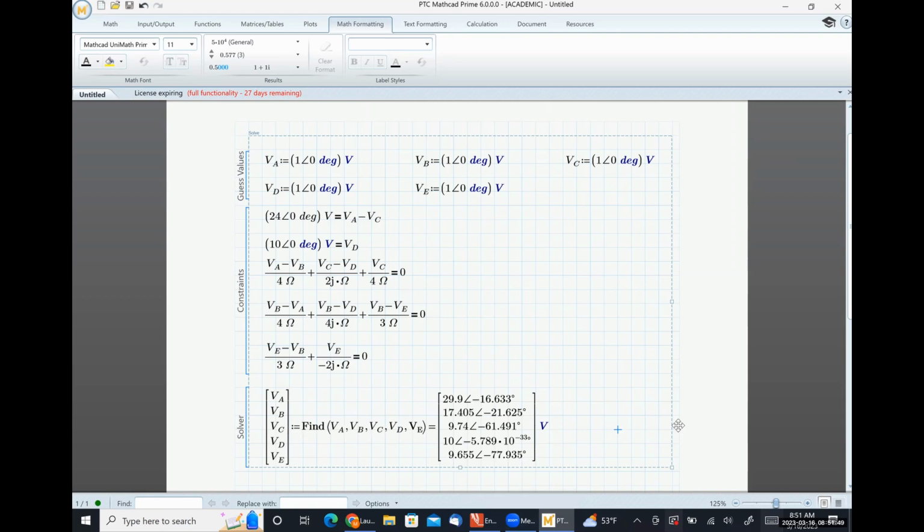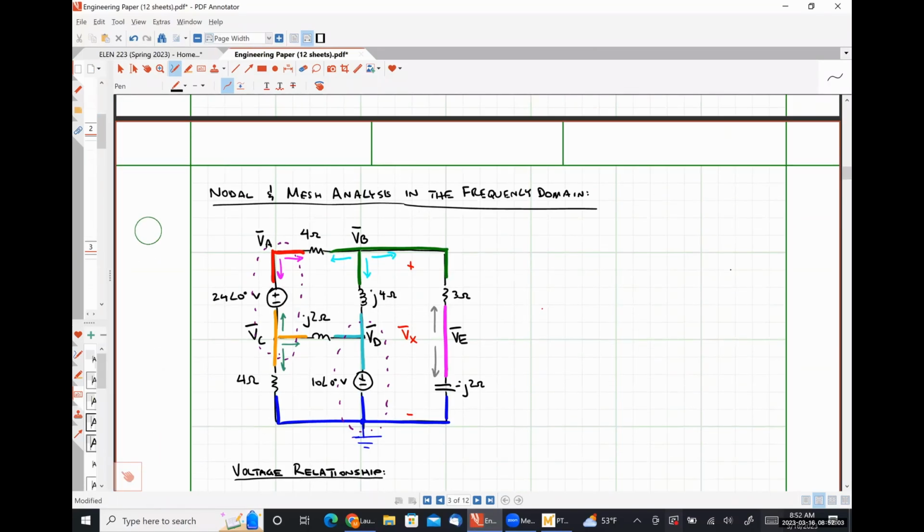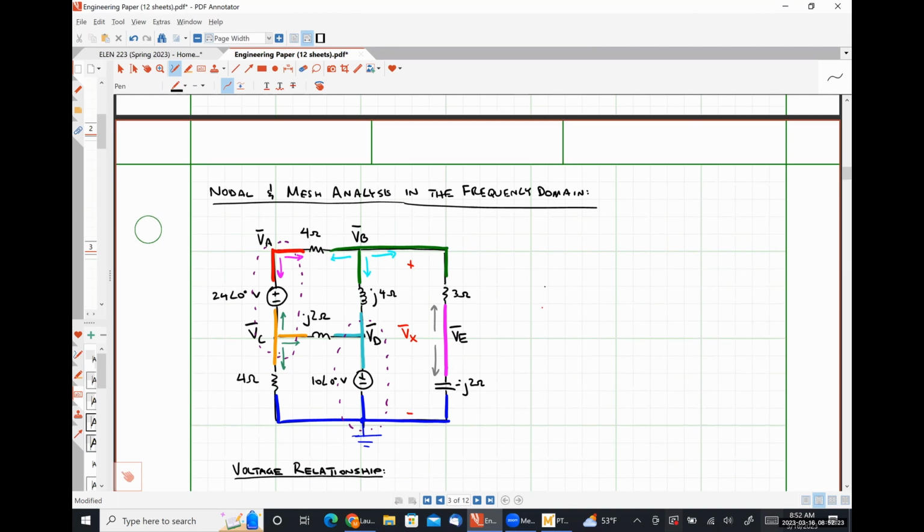Okay. So we now have our complex numbers written in the format that at least I prefer, but we haven't exactly solved the problem. Okay, so let me explain what I mean by that. If we scroll up here, our goal was to determine what the quantity Vx is, right? We haven't done that yet, but we can write a simple equation to get Vx in terms of our nodal voltages. So what should that equation be? So I'm saying Vx will be equal to some combination of our nodal voltages.